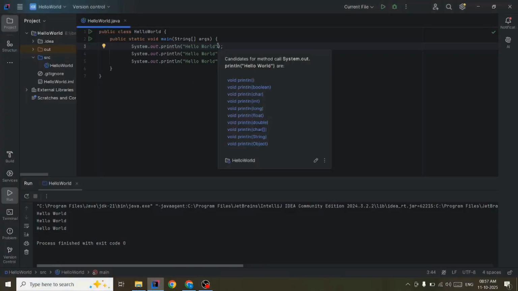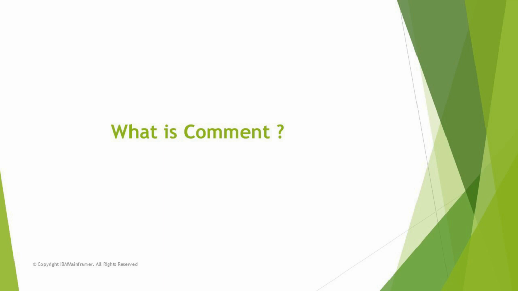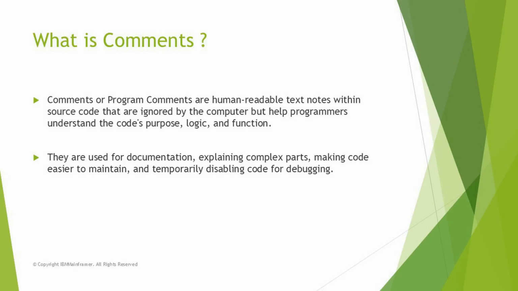Now we will see comments. If you have already worked in any programming language, you are already aware of what a comment is. For people who are new to programming, a comment is a section of text within the source code that is ignored by the compiler.